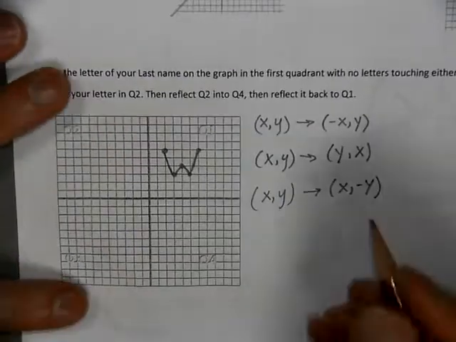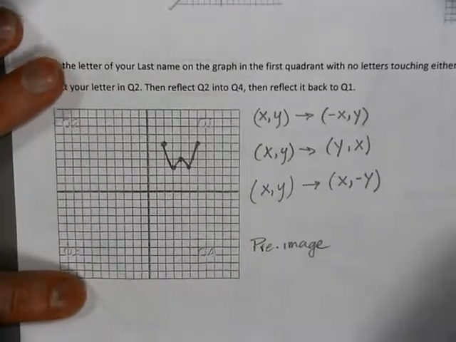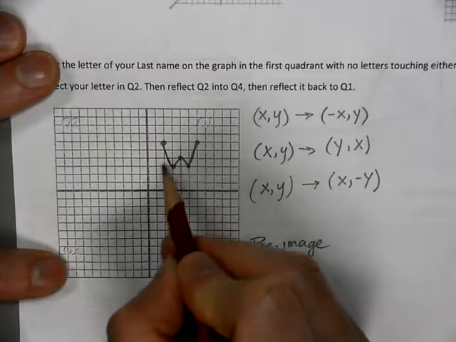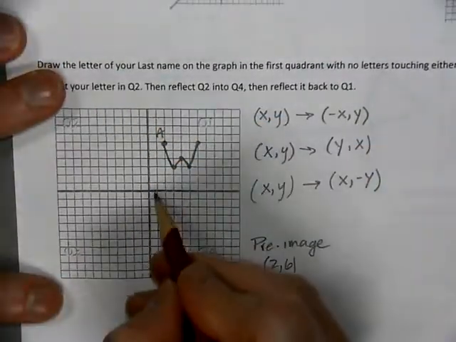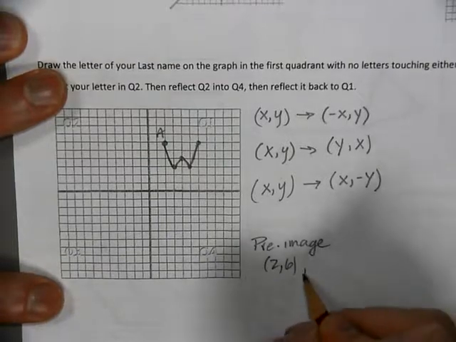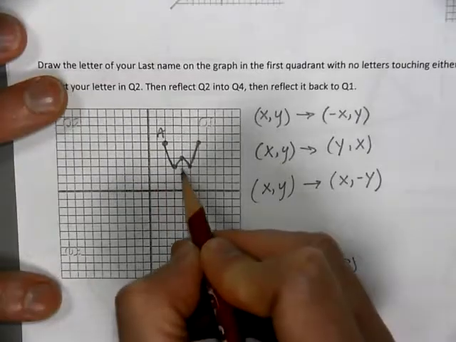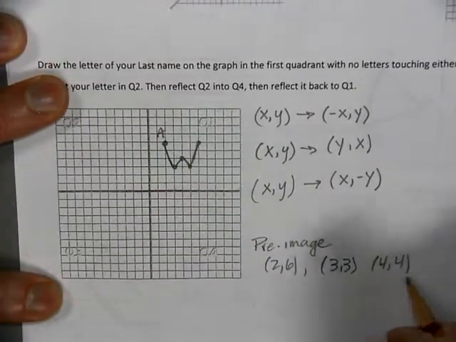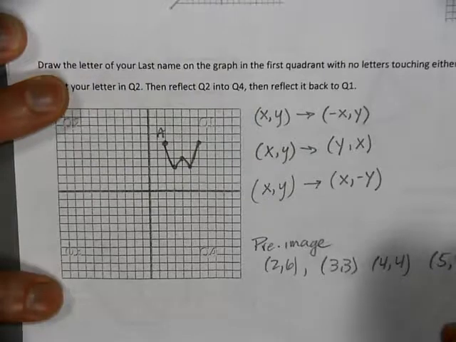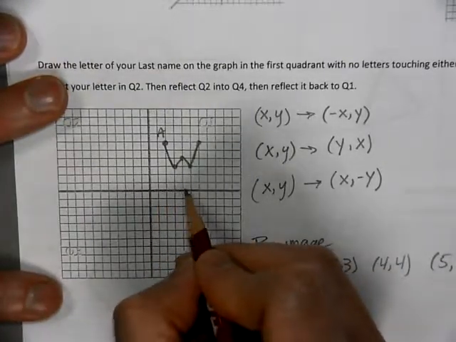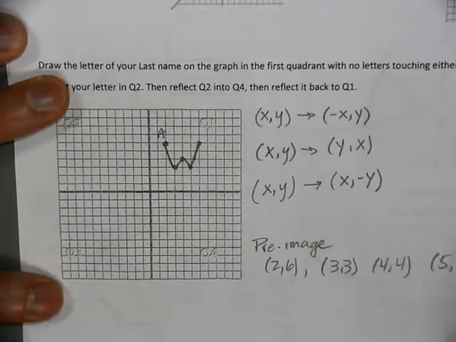So let's figure out our pre-image. A pre-image coordinates: (2, 6), (3, 3), (4, 4), (5, 3), (6, 6).